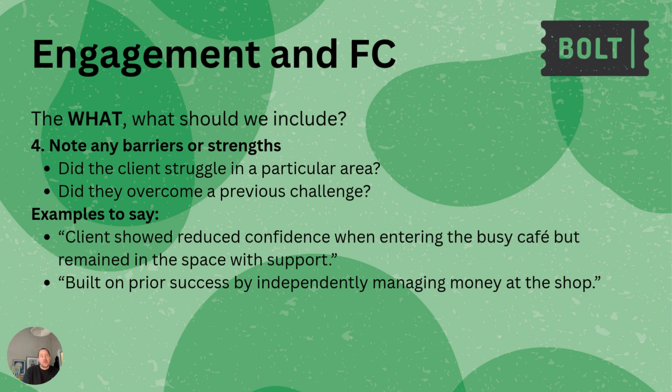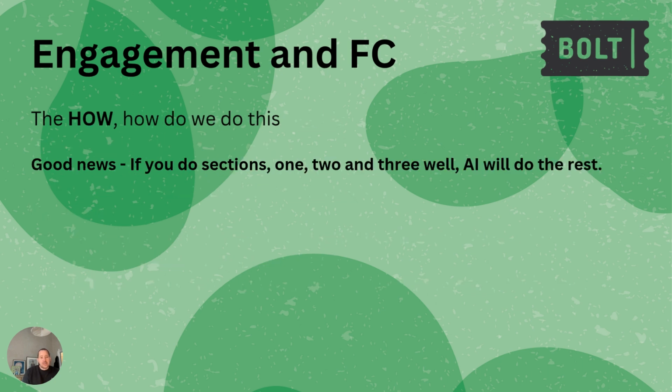So what I would say is if you are doing well in the session summary and you are doing well in the client presentation, excuse me, you don't need to talk about functional capacity and engagement separately.